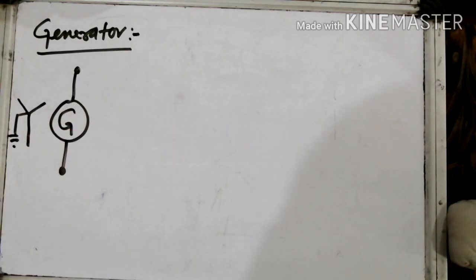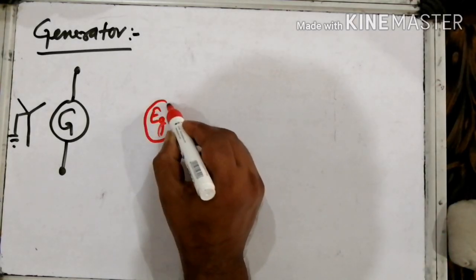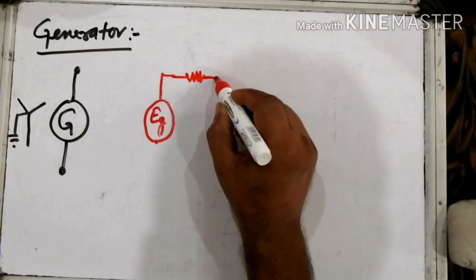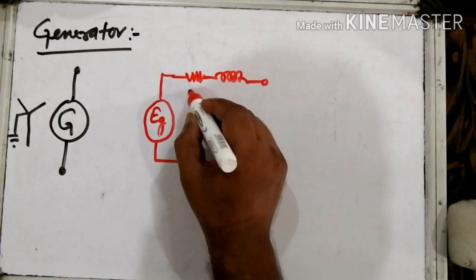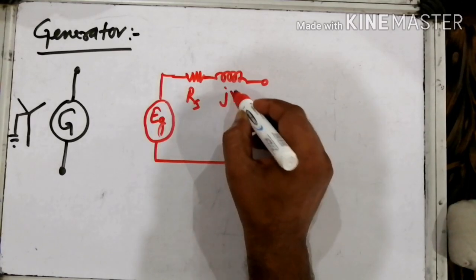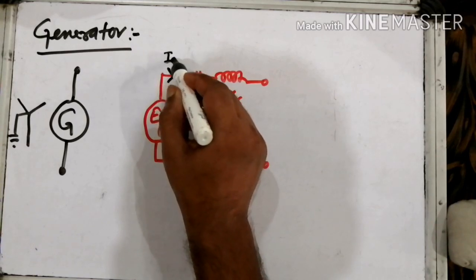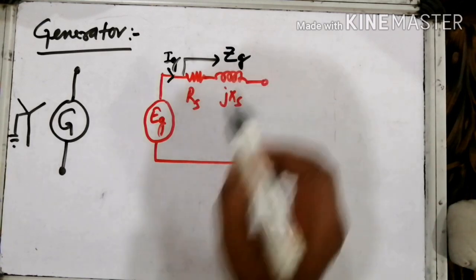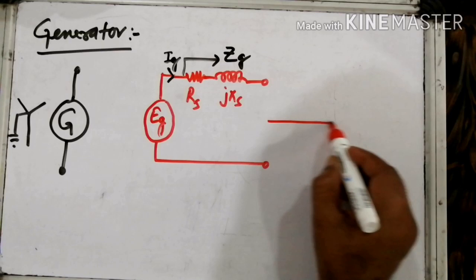Now the actual circuit diagram: EG is the generating EMF. This one is the synchronous resistance and reactance, RS, JXS. IG is the generating current. This whole one is the generator impedance.